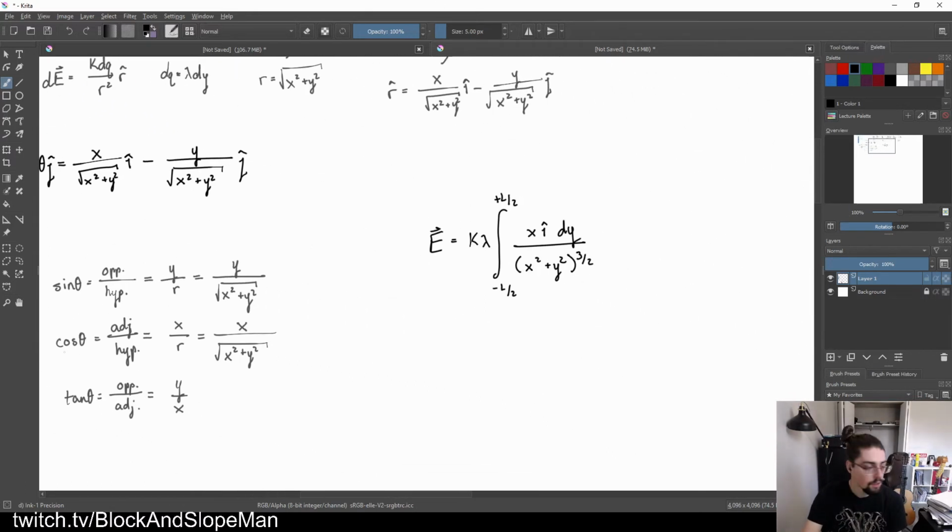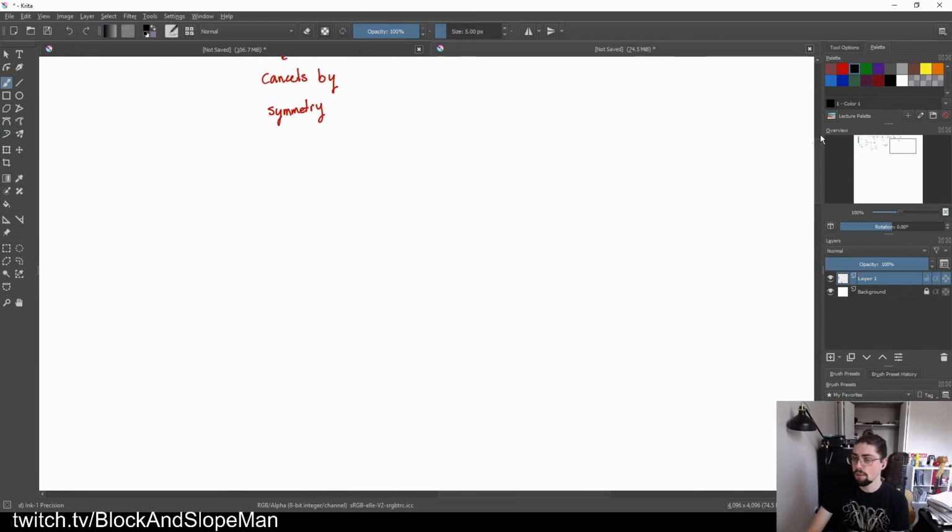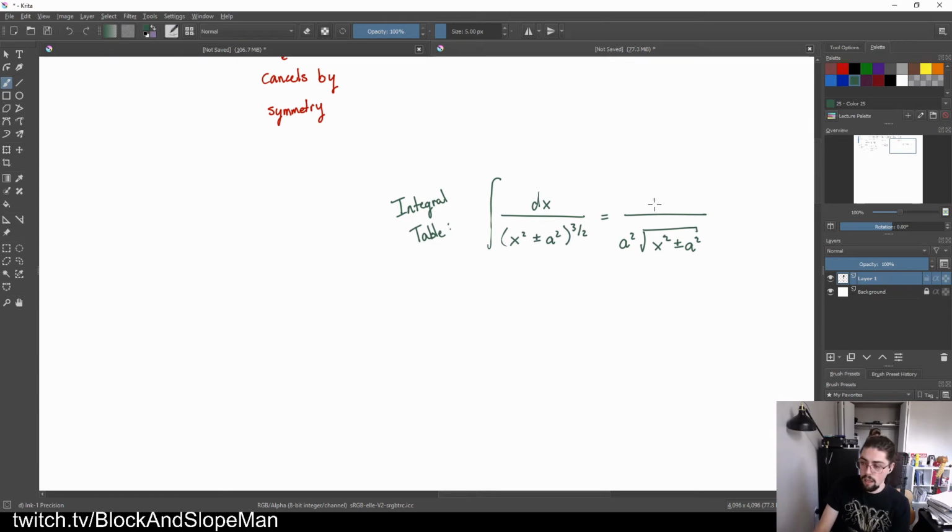So what I'll have to do here, let me pull this over to the other side so I can copy it down correctly, because I will absolutely mess this up otherwise, is I see on my integral table that the integral of, on bottom, x squared plus or minus a squared to the 3/2 power, all under dx, is equal to x over a squared square root of x squared plus or minus a squared, and so on.